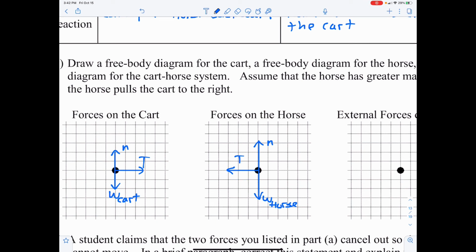That's why it's the same length, but pointing in opposite directions. And then lastly, there needs to be a friction force longer than this to get the cart accelerating. So I'm going to draw a friction force at least 4 units long pointing to the right. And the friction is what's acting on the horse's feet to get the motion going forward.